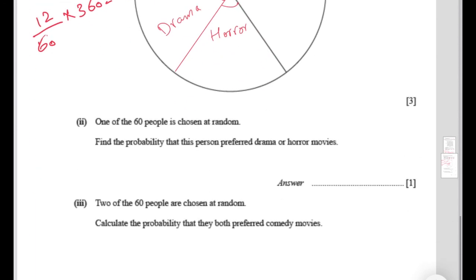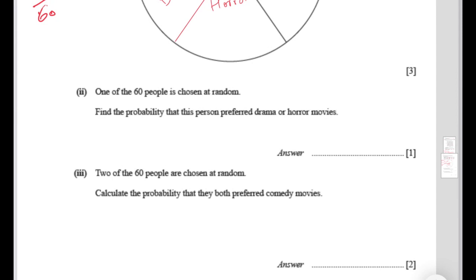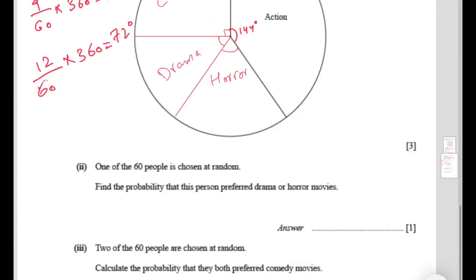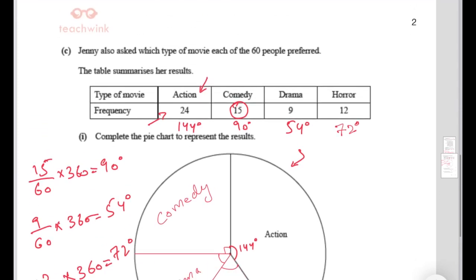Let's move on. The next part of the question says, one of the 60 people is chosen at random. Find the probability that this person preferred drama or horror movies. So if they preferred drama, it should be 9 out of 60. If they preferred horror movies, it should be 12 out of 60.